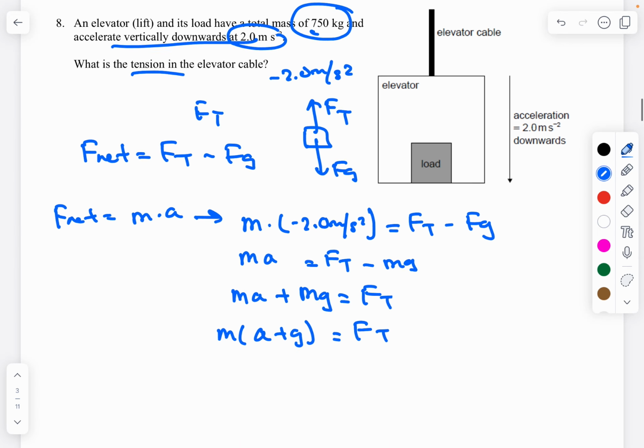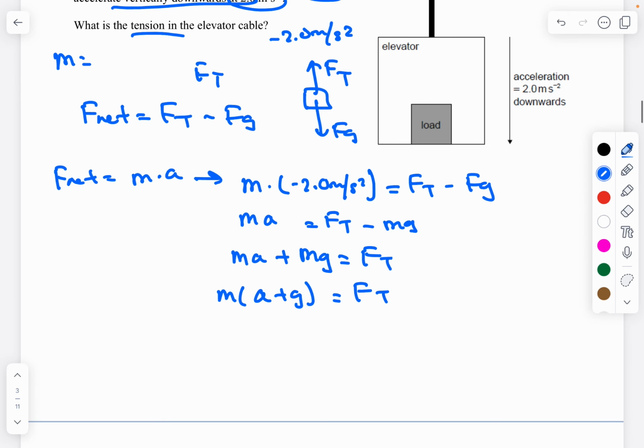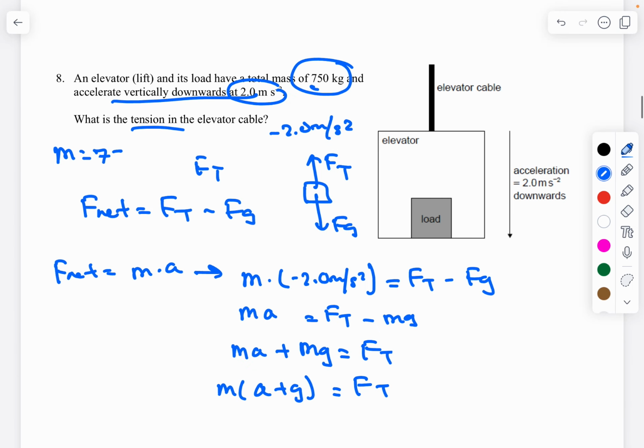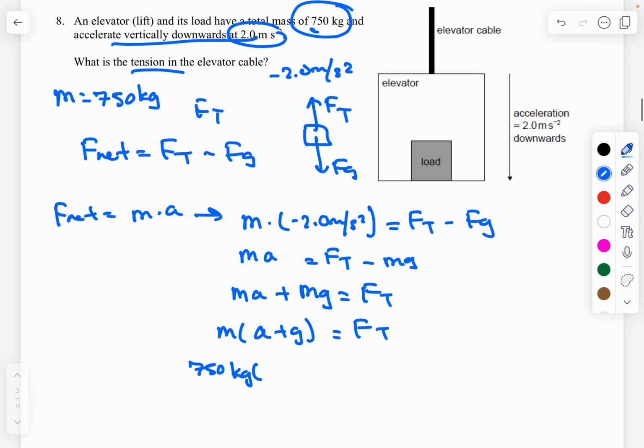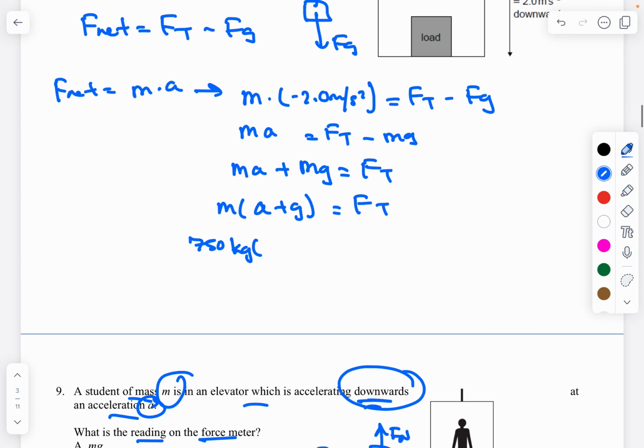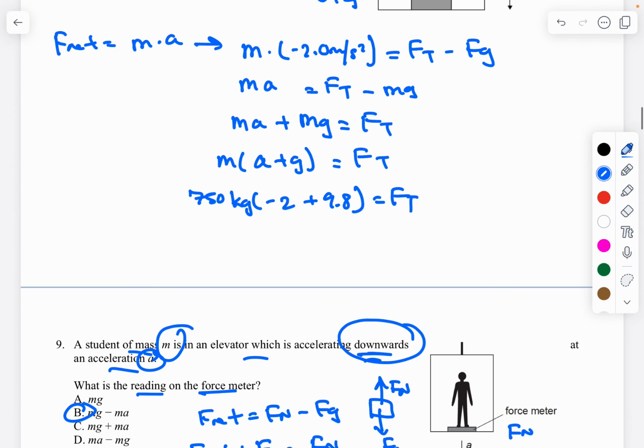So in this case, given M is 750 kilograms. So you have 750 kilograms times, now remember A is negative because it's going downwards. So that's 2 plus 9.81. I guess I'm not gonna put the units in there. Too lazy. Okay, equals Ft. So that's 7.8.